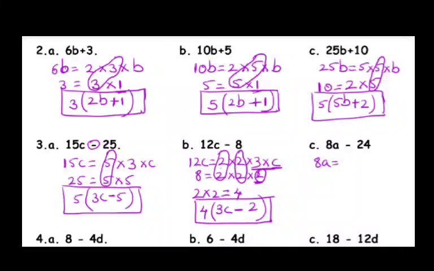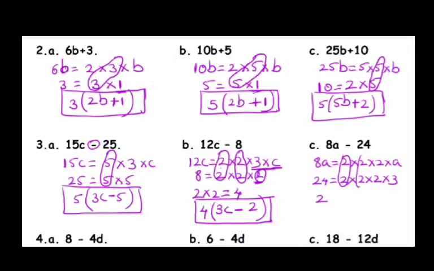8a is equal to 2 into 2 into 2 into a. 24 is equal to 2 into 2, 4 into 2, 8 into 3. So 2 2s are 4, 4 2s are 8, 8 3s are 24. Alright? So we have one 2 in common.